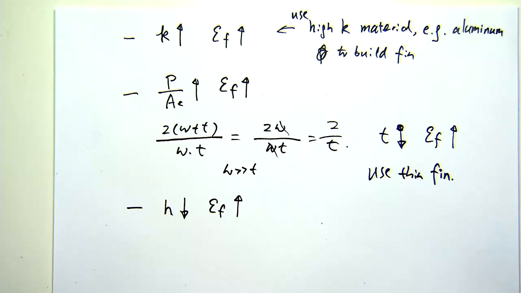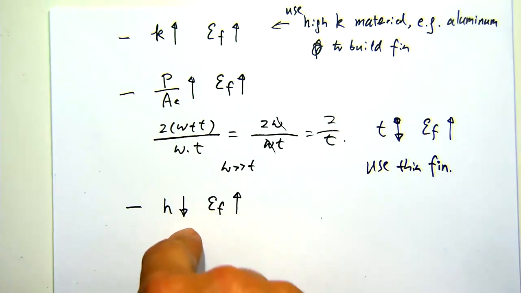If we have a larger h, we have a higher heat transfer rate, right? But this one is saying that if you have a smaller heat transfer coefficient, the fin will be more effective, right? Any idea how to understand this impact?